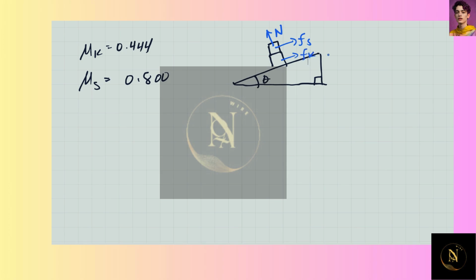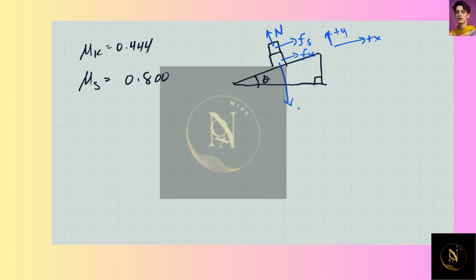The bottom one is moving and the top box is kind of staying in place. So static versus kinetic.